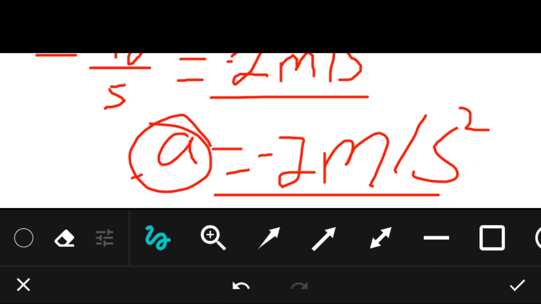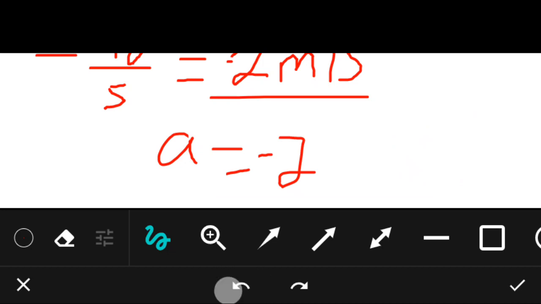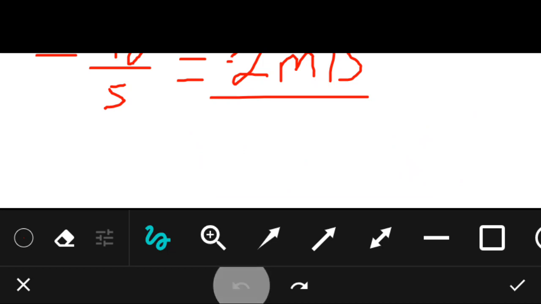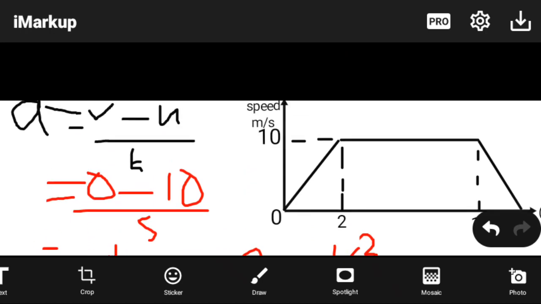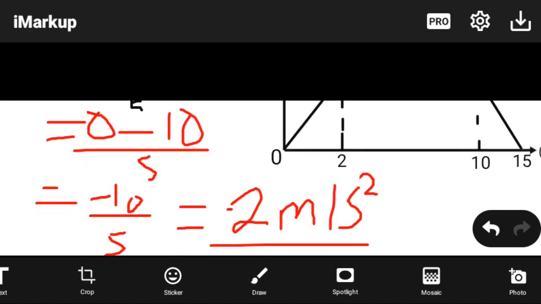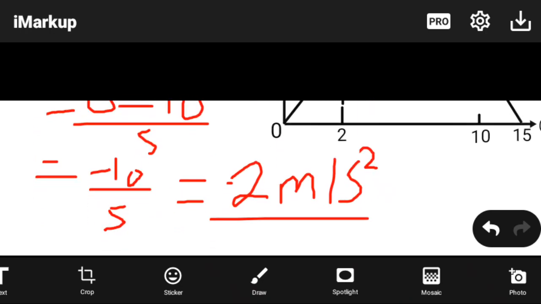I hope I've made myself clear on that one. When they say retardation or deceleration, it means negative acceleration.